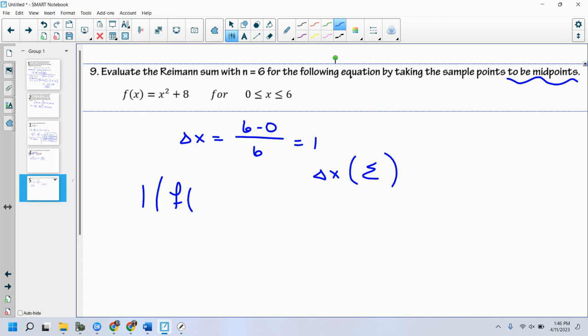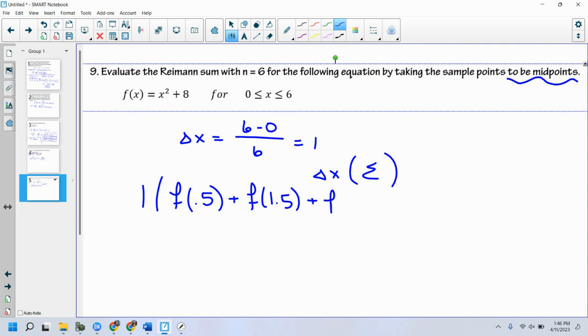So what am I going to plug in? Well, think about it. If I've got 6 widths, 6 rectangles, my first interval goes from 0 to 1 because the width of my rectangle is 1. So if I'm going from 0 to 1, what's my first midpoint? 0.5. And then I can just keep adding 1, because my next interval would go from 1 to 2, which is 1.5.